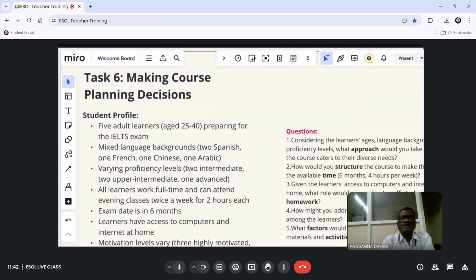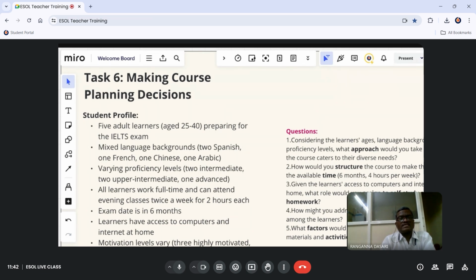First question. Considering the learner's age, language, backgrounds, and proficiency levels, according to me, all are major. They are matured. Their age is between 25 and 40, and of the motivation levels of 5 people, 3 are highly motivated, 2 are moderately motivated, and with varying proficiency levels, 2 are intermediate, 2 upper intermediate, and 1 is advanced.